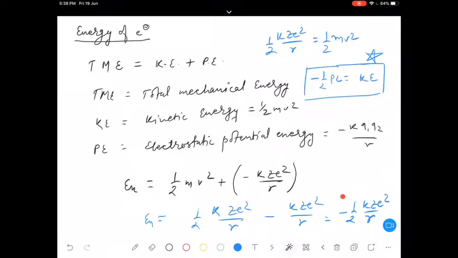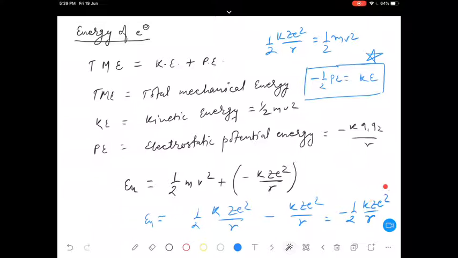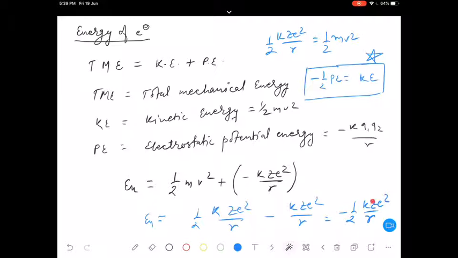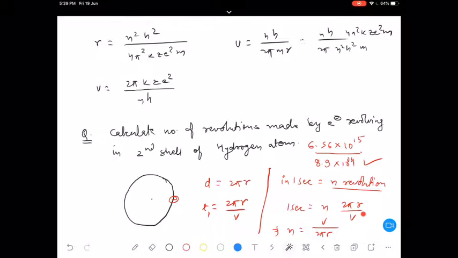Now the magnitude part. This is the qualitative part, where we can define whether it will gain stability or not. Now the magnitude of this energy, that's what we want to define. So here we know the value of k, we know the value of z, we know the value of e. We have to put the value of r. Expression for r we already know.